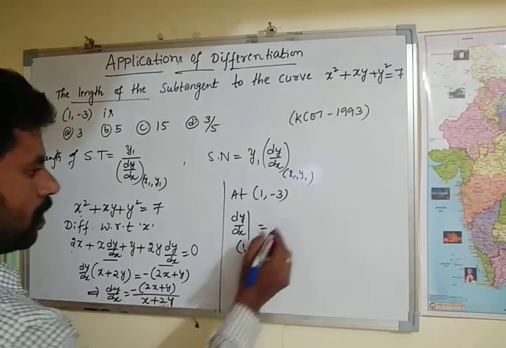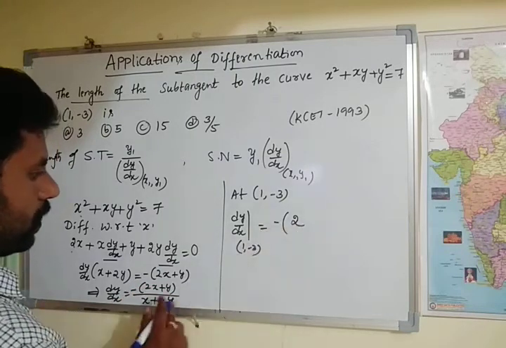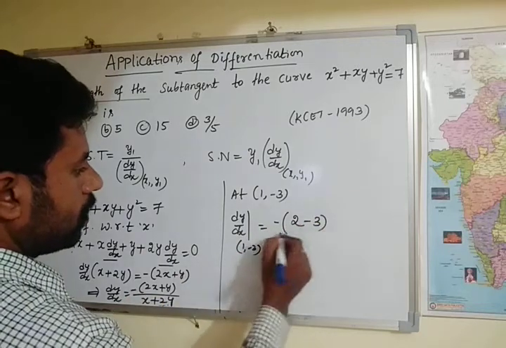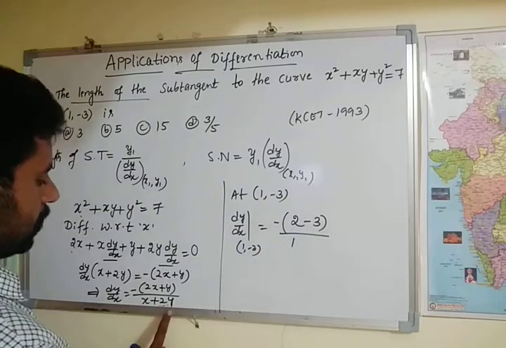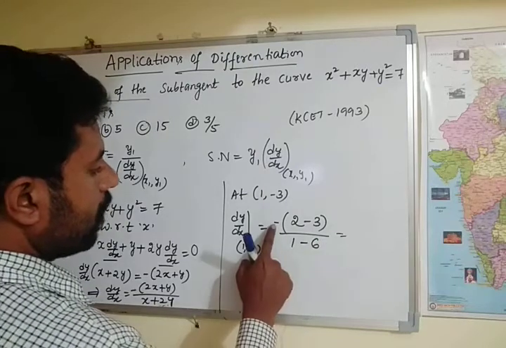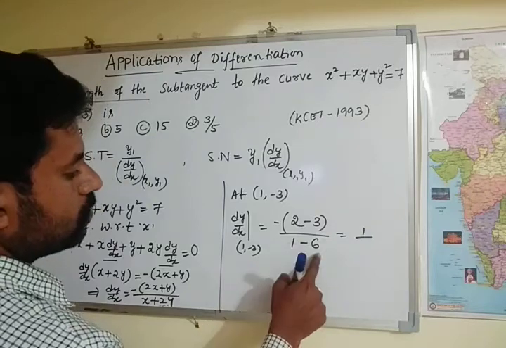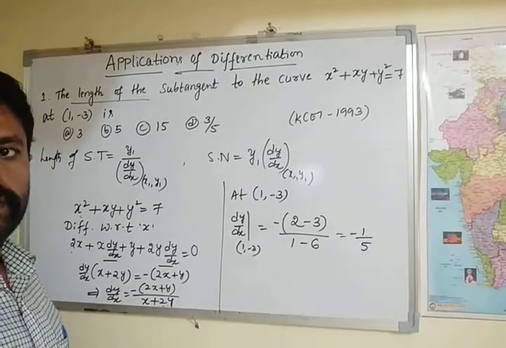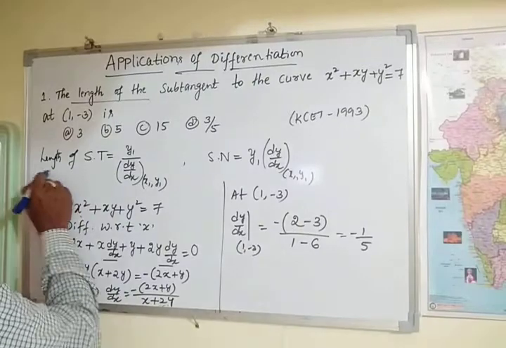This becomes minus of (2 into 1 is 2, plus y which is minus 3), that is 2 minus 3, divided by x plus 2y, x is 1, y is minus 3, 2 into minus 3 is minus 6. Here we have minus 2 minus 3 is minus 1, minus into minus is plus 1, divided by 1 minus 6 which is minus 5. So it is minus 1 by 5.